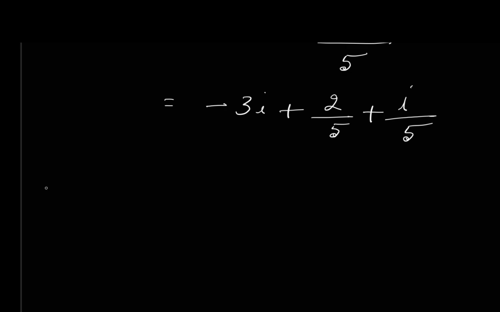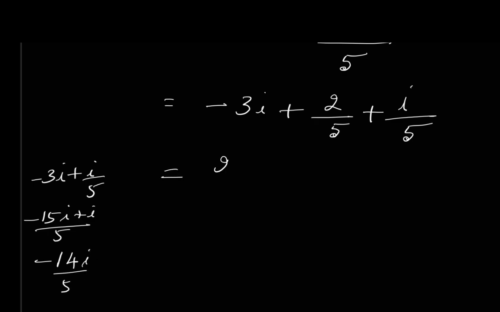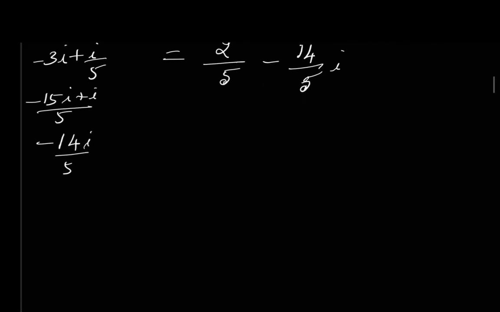Simplify the imaginary one: minus 3i plus i by 5. Take 5 as LCM: minus 15i plus i, so minus 14i by 5. So 2 by 5 is the real part, minus 14 by 5 i. So this is the standard form of the complex number, or we say it is in the rectangular form.